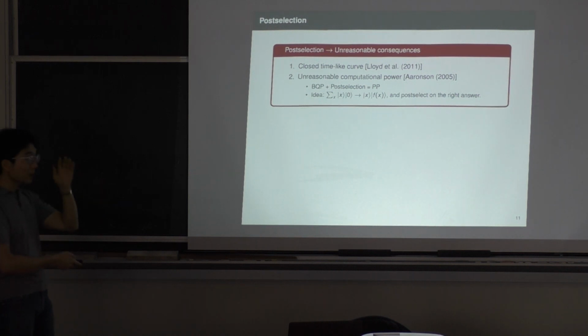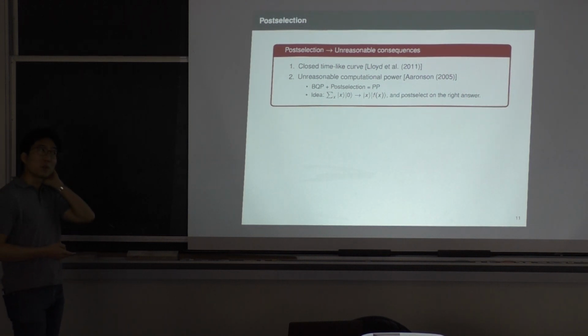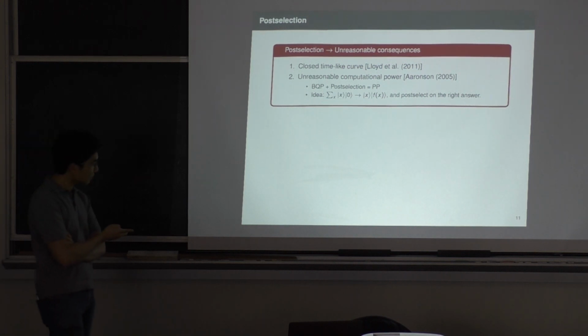And in a purely complexity-theoretic context, if you have BQP, which is a class of problems that you can solve efficiently using a quantum computer, and you simply add in post-selection, then you get the complexity class PP. What's important is that this includes NP, for example, and we don't expect to be able to solve NP-hard problems in a reasonable model of computation.